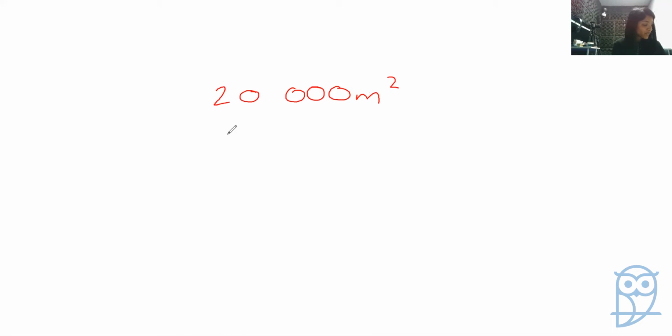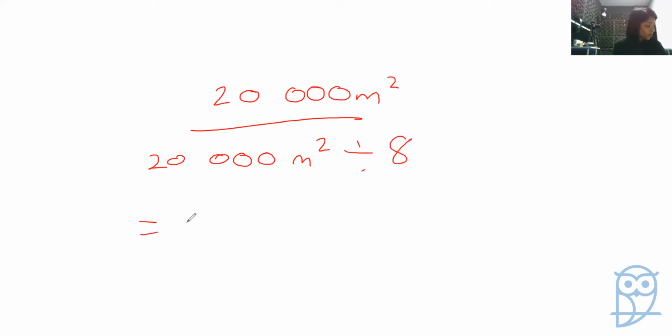What is given to us? They say it needs to be divided into 8 equal squares. So basically, guys, what we then say is 20,000 meters square divided by 8. And therefore, in square meters, it's going to equal 2,500 meters squared. Okay. Everybody happy with that? Good.